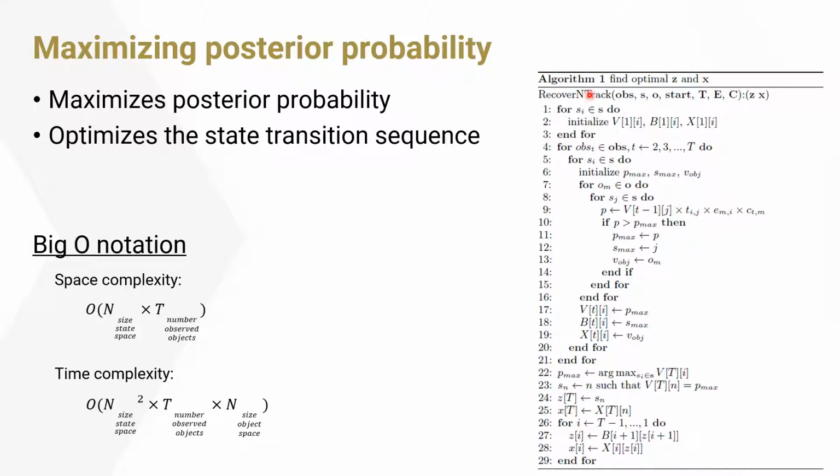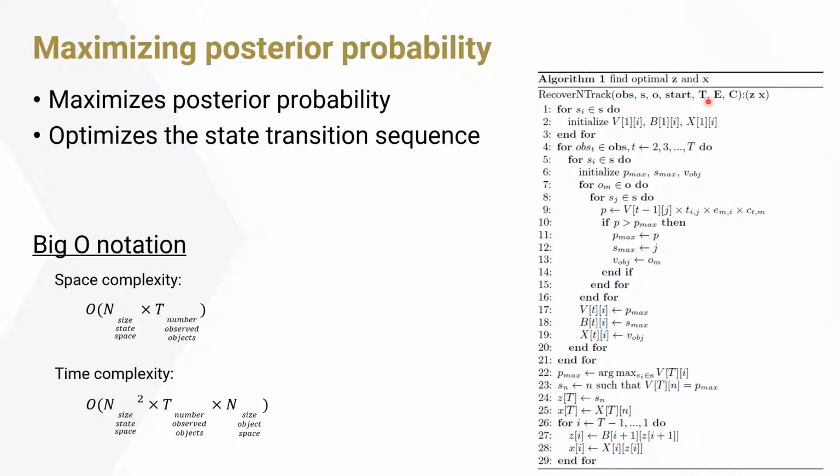As the inputs, we have the OBS, or the observed objects. We have the state space, S. We have the object space, O. The start probability for a time 0 start of an initial state, so basically Z0. And following that, we have three matrices.